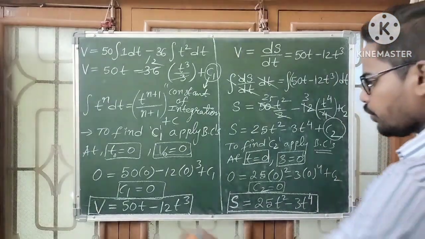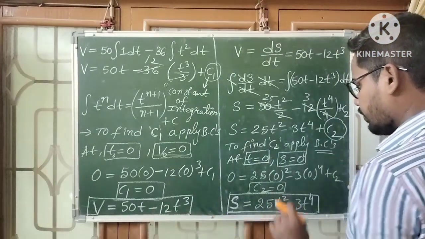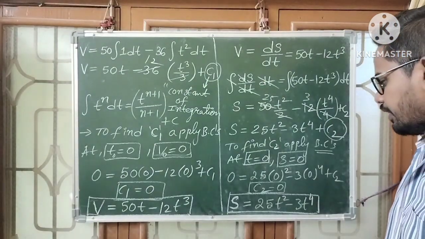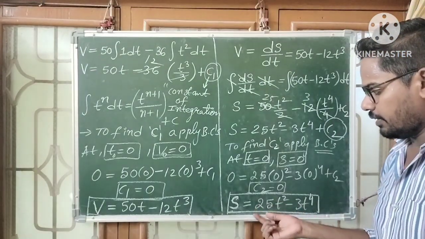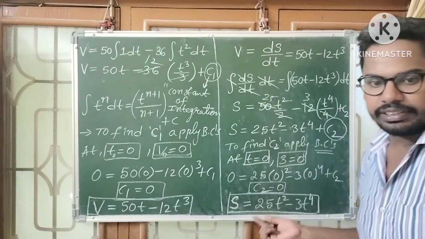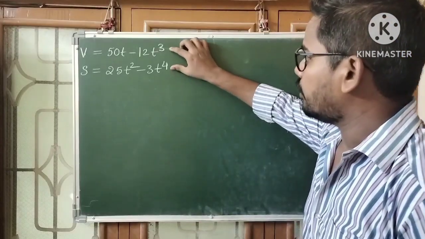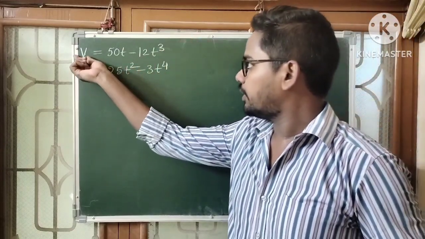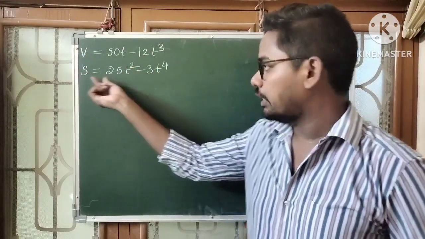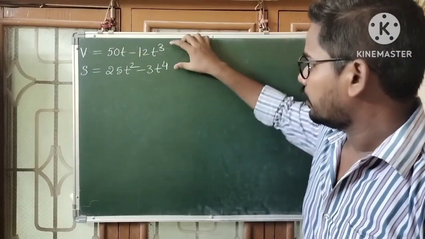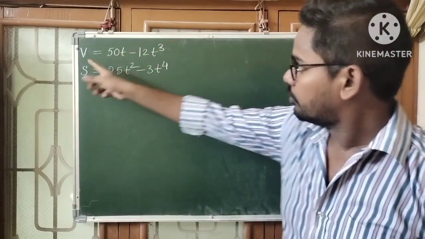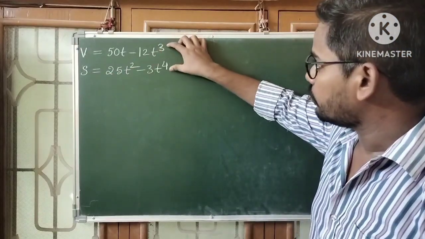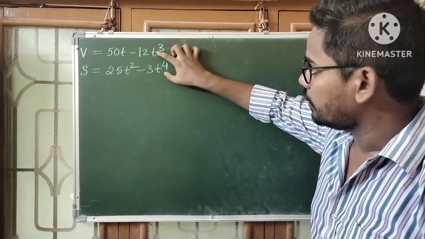Using the equation of velocity and the equation of position, we can find the velocity of the particle when it has traveled a distance of 52 meters. So finally we derived equations of velocity and displacement in terms of t, expressed in terms of the independent variable t.